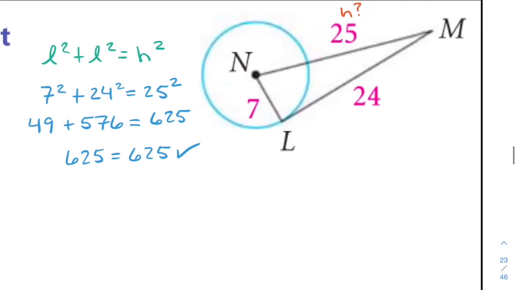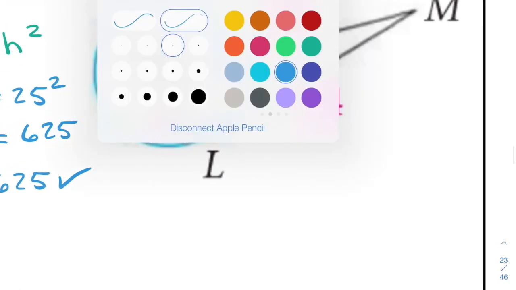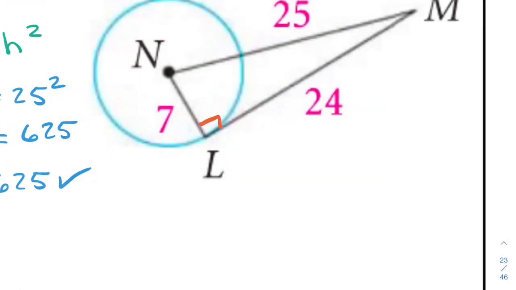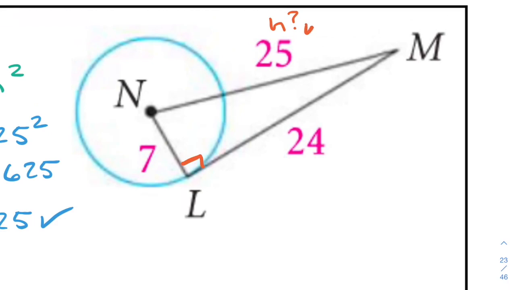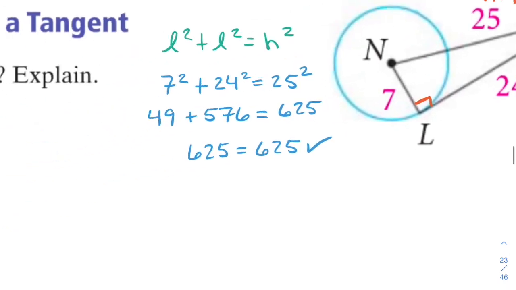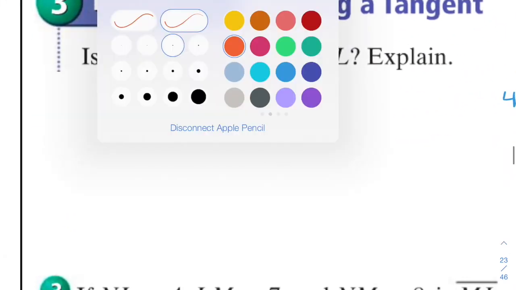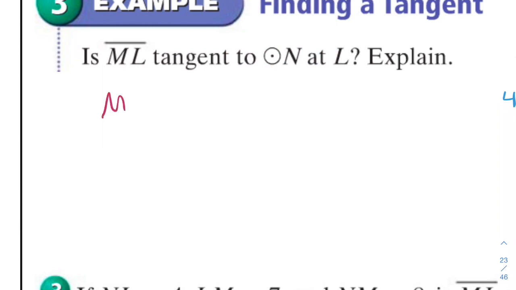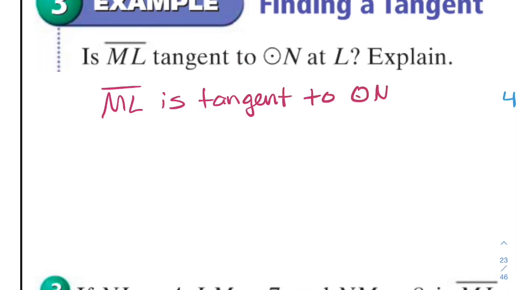That means that this is a right triangle. And that does mean that that's a hypotenuse, because hypotenuses only happen in a right triangle. And therefore, we can say that ML is tangent to circle N at point L.